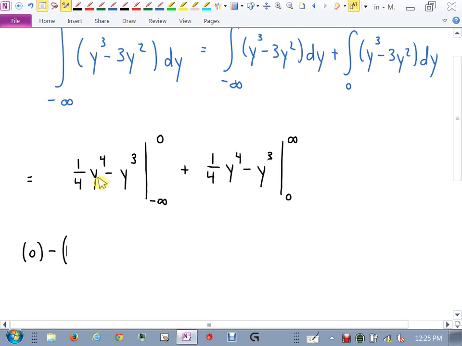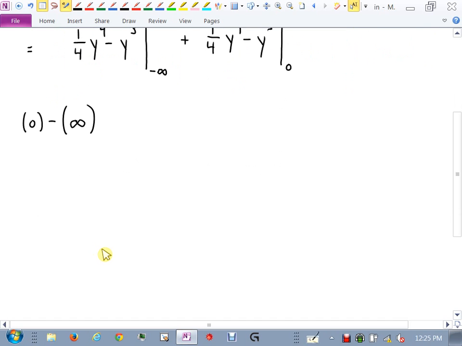Yes? And then what's negative infinity to the third power? Negative infinity, but then you're subtracting it. So it's plus. So you're getting infinity plus infinity, which is infinity. And therefore, you can stop, because this is going to be divergent. And that's all you need is for one to be divergent, all right?